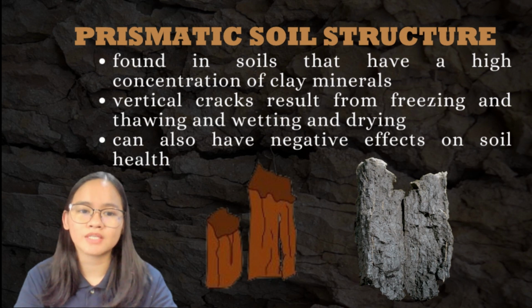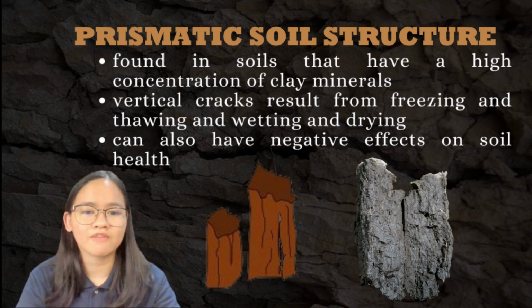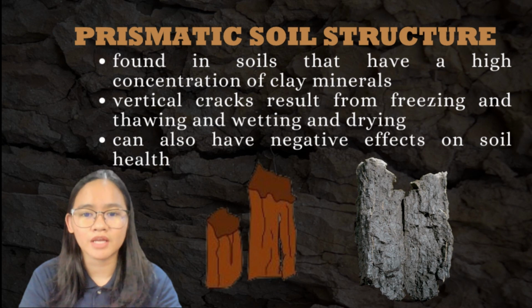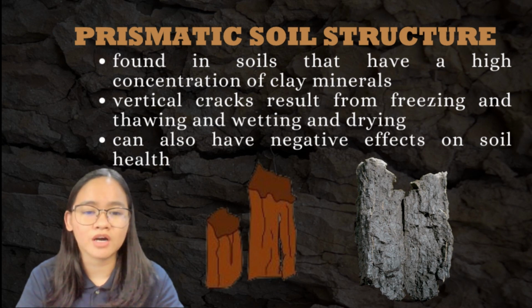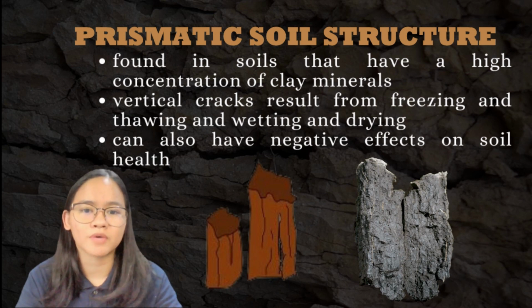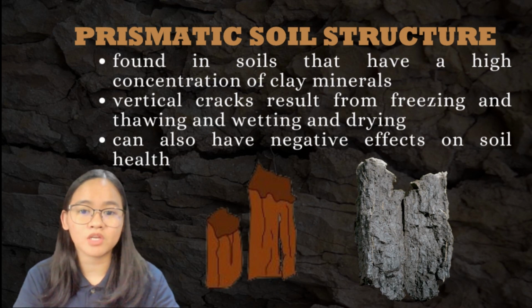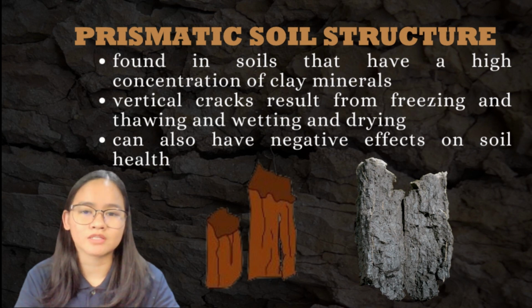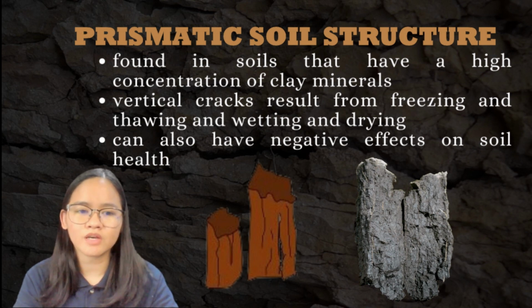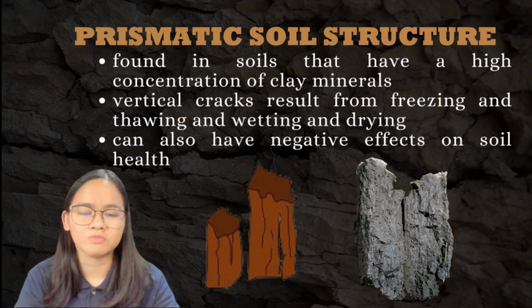This structure is typically found in soils that have a high concentration of clay minerals, as well as soils that have undergone significant shrink-swell processes. The formation of prismatic structure is thought to occur when clay particles in the soil swell with water and then shrink as the soil dries out, causing the soil to crack and form columns.